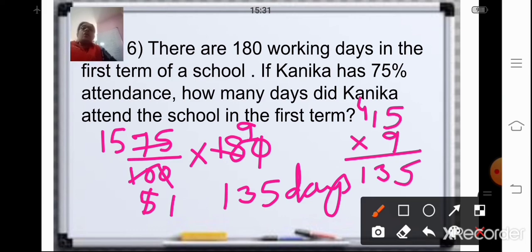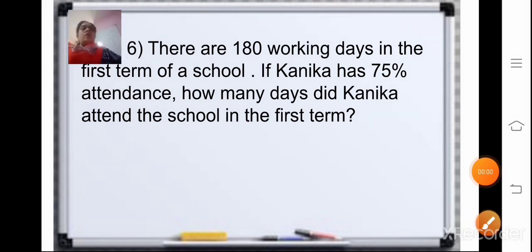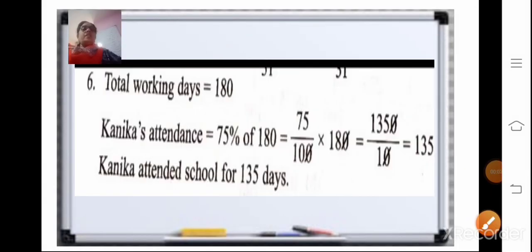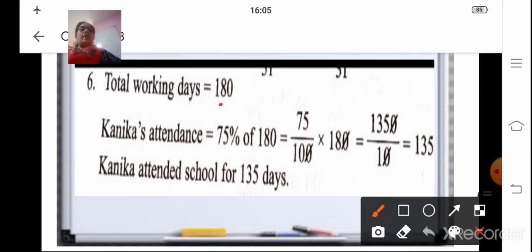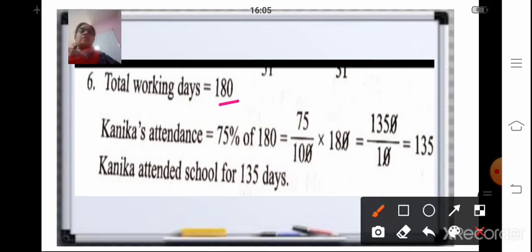Okay children, read the sum thoroughly so that you understand whether you have to find the value of the number or just find the percentage. Let's see the working of the sum in the slide. The total number of working days is 180. So 75% attendance will be 75 upon 100 into 180.